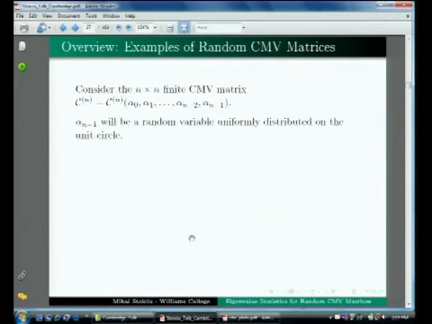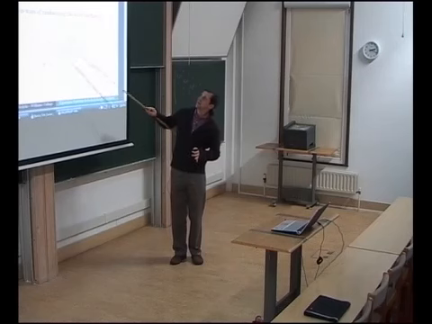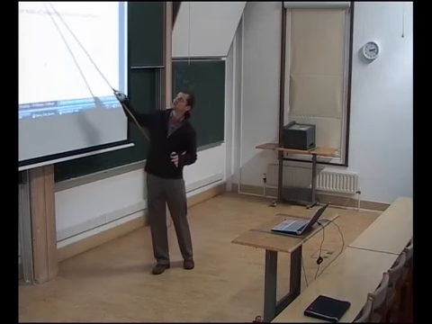But there is no connection with any natural ensembles of symmetric or self-adjoint matrices. The construction is purely different. Okay, I need to speed up a bit. So I will explain how this is constructed from orthogonal polynomials. Okay, so this is the random CMV matrix.